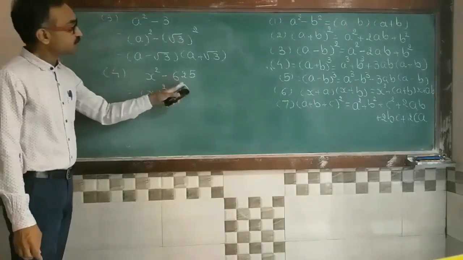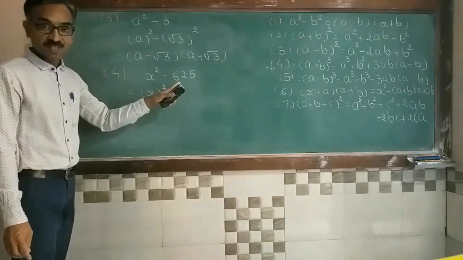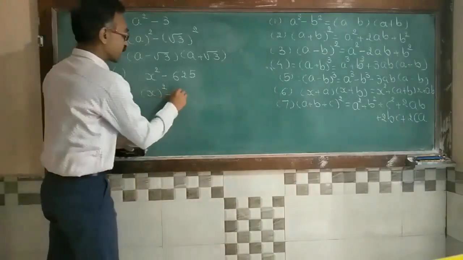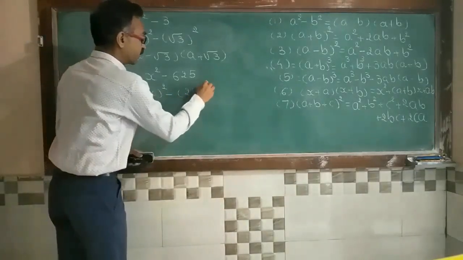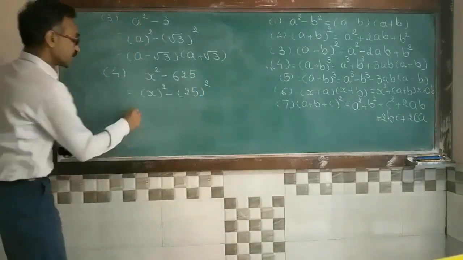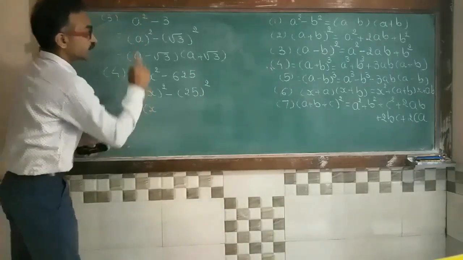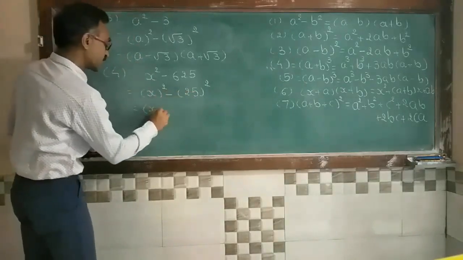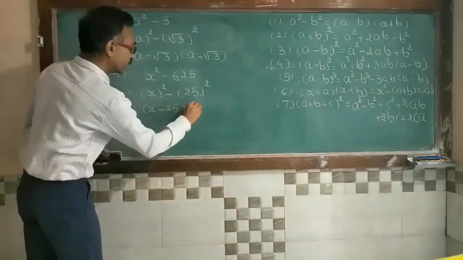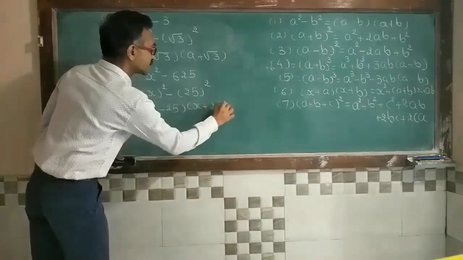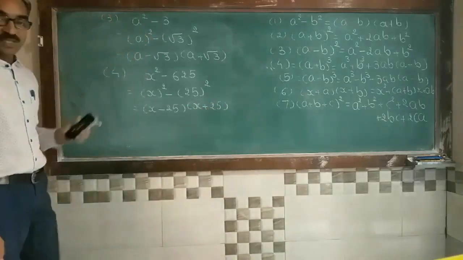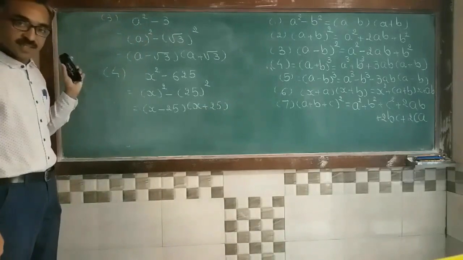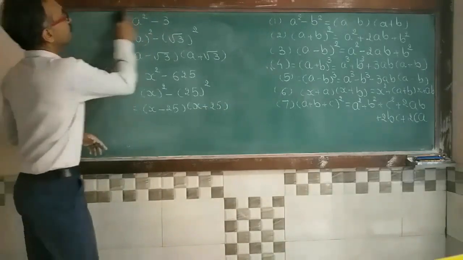Remember, 625 is the square of which number? It is the square of 25. You know that. That means here a is equal to x, b is equal to 25. So the answer is x minus 25 and x plus 25. This is the answer. Understand? Okay, very good.